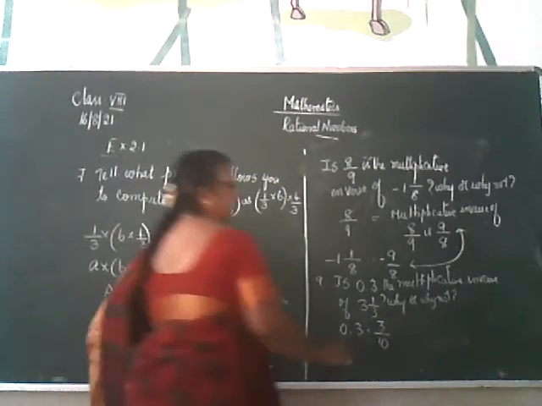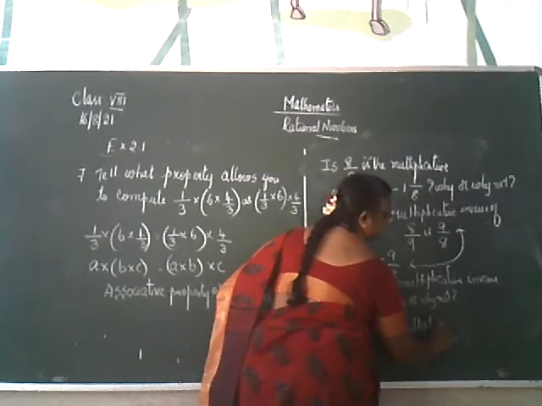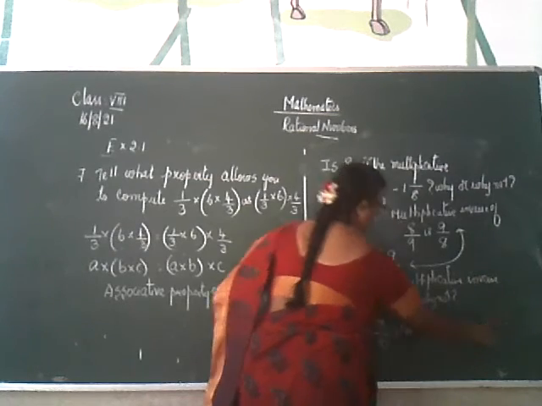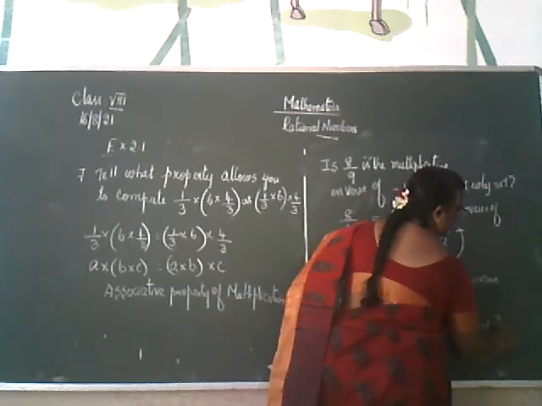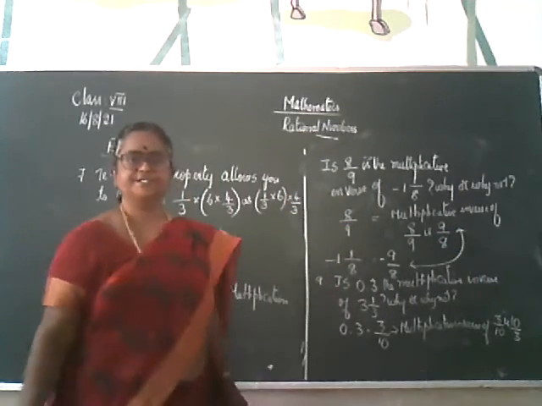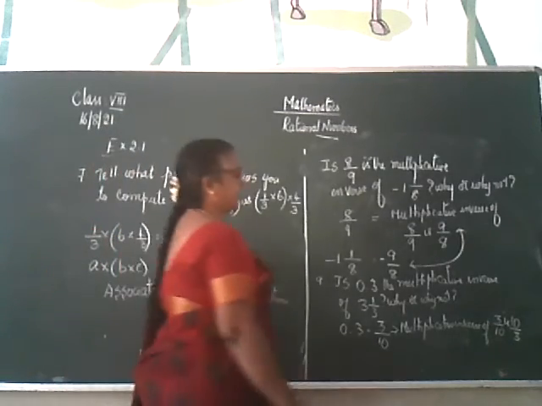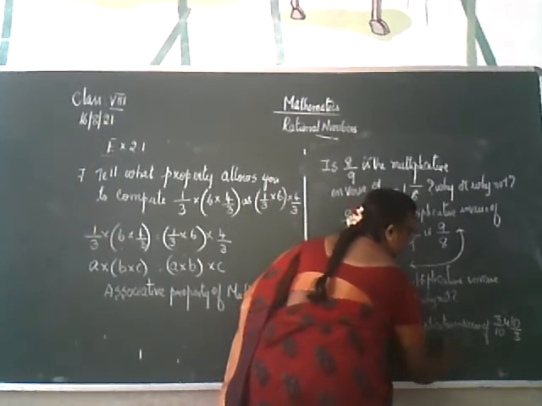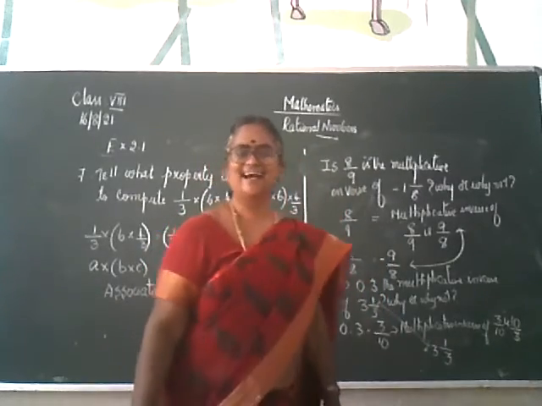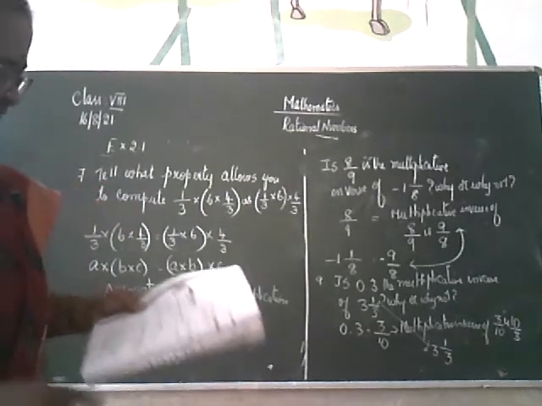So, what is the multiplicative inverse? 3 by 10? Yes, 10 by 3. Multiplicative inverse is reciprocal, you have to write 10 by 3. What is 10 by 3? When you divide 10 by 3, 3 3s are 9, 1 by 3. So, are they same? Yes, they are same. So, you can say yes, it is the multiplicative inverse.